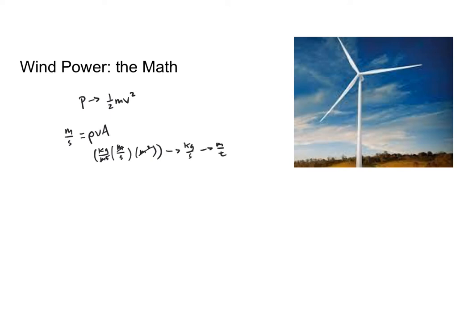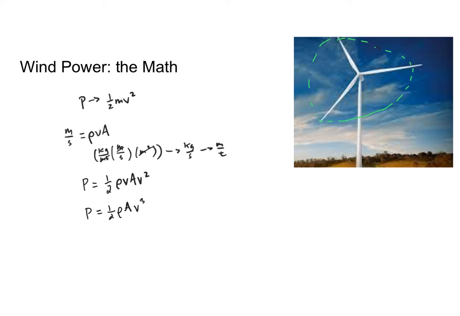So the power of my wind turbine is given by 1/2 times rho times V times A times my speed squared. So my power is then 1/2 times the air density times the area swept out by my wind turbine, times V cubed, the wind speed cubed.